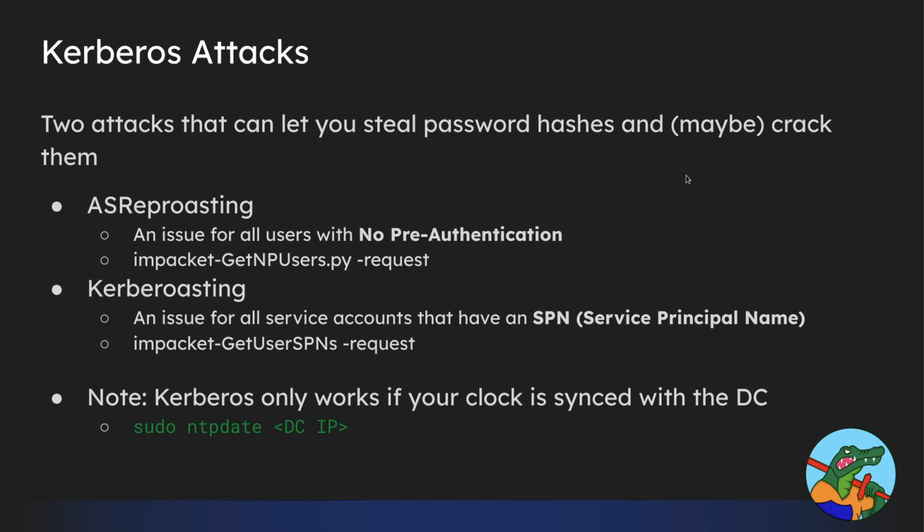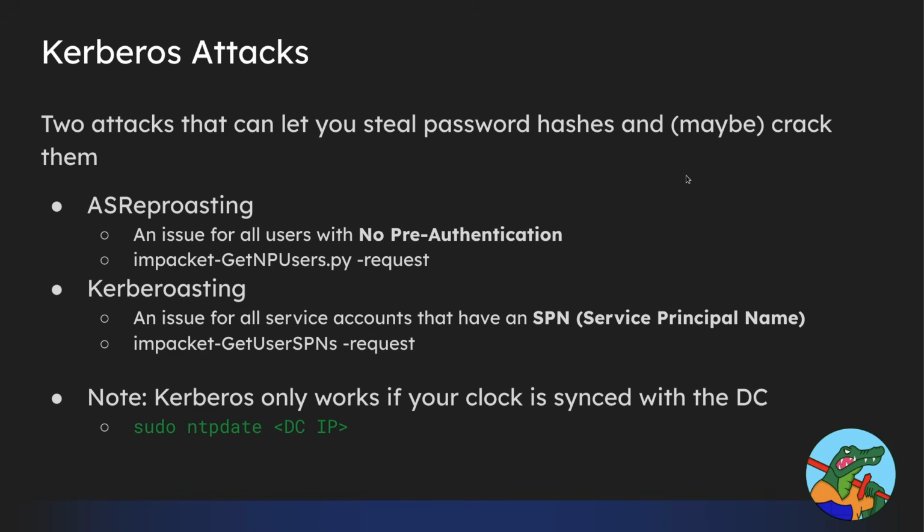AS rep roasting is similar, except it's with users rather than service accounts. There's a thing called pre-authentication. I don't know if y'all remember. In Kerberos, you request the ticket granting ticket, and by default, it'll verify who you are by trying to decrypt your timestamp with your NT hash. Does anyone remember that?